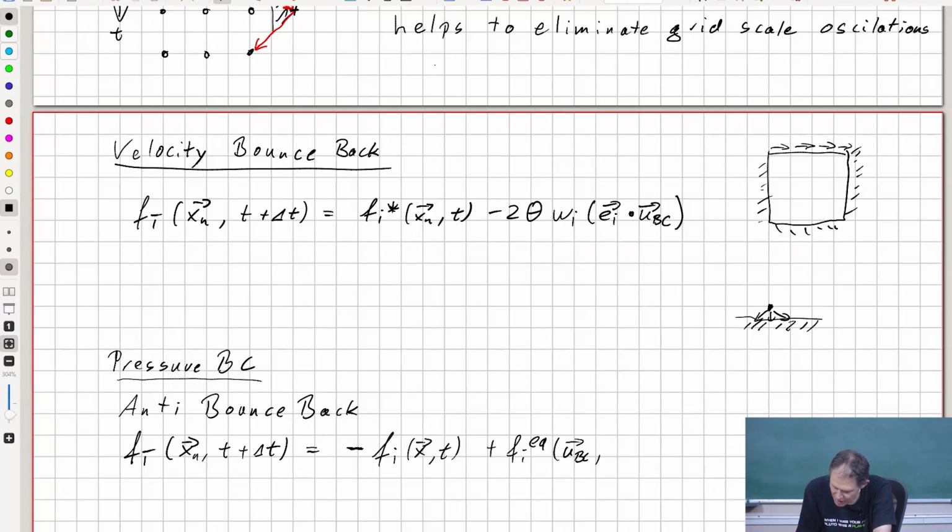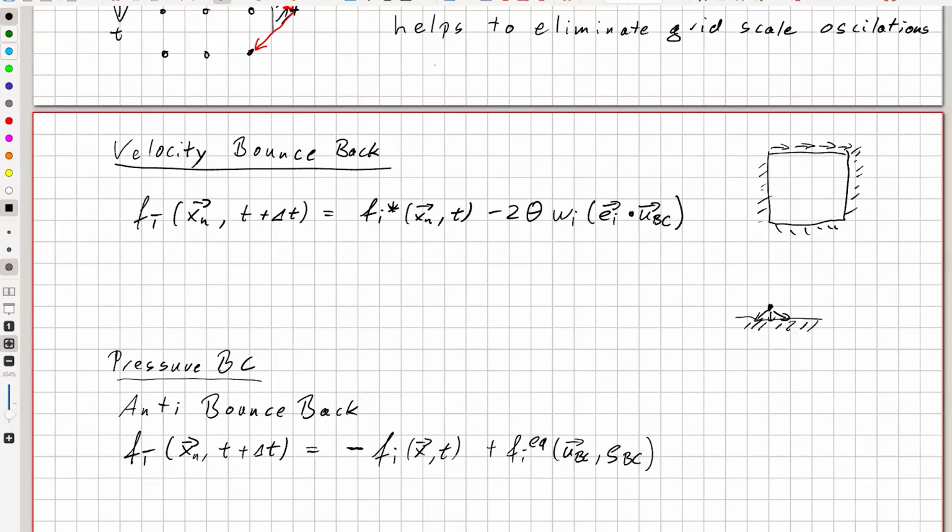This is not necessarily easy to know. Then we have the density on the boundary. This is density. I said that density is related to the pressure. So this may be the pressure that you want to set on this particular boundary. And this is f_i, the direction that goes out of the domain. f_{-i} is the direction that goes into the domain.